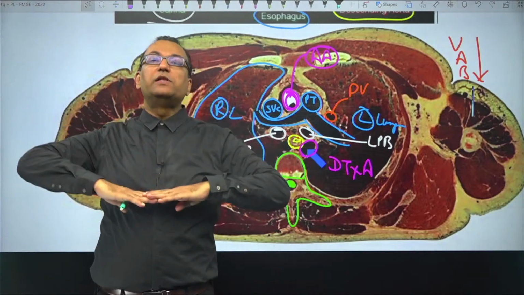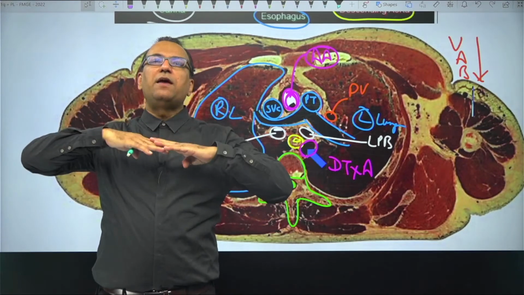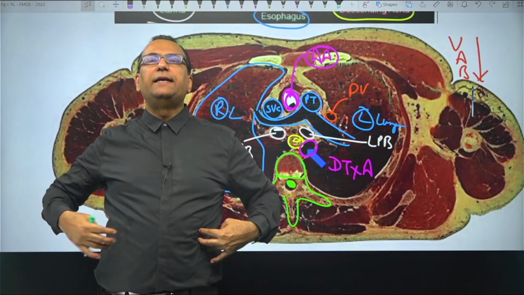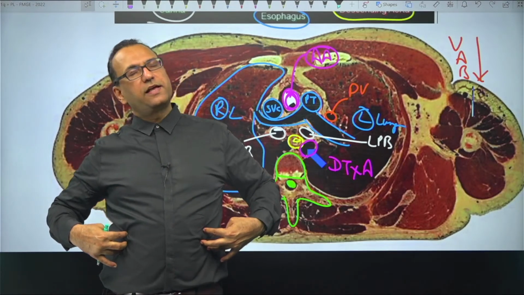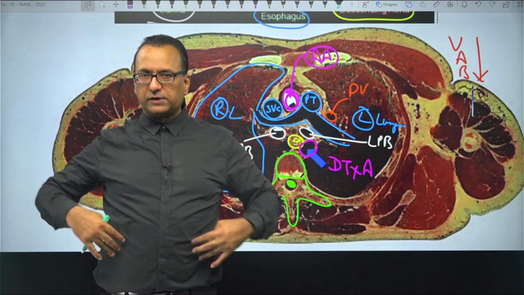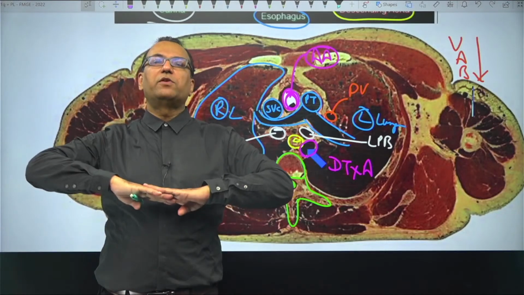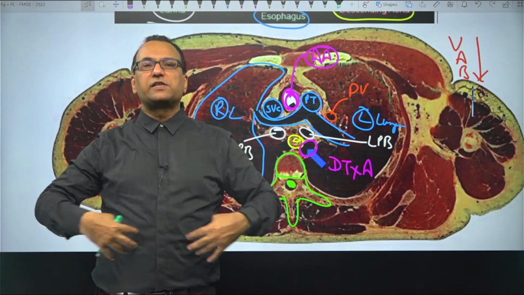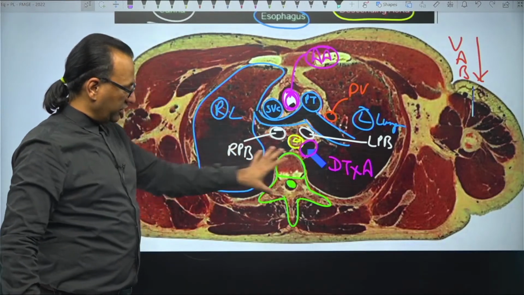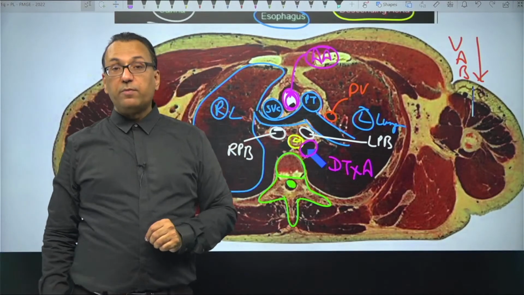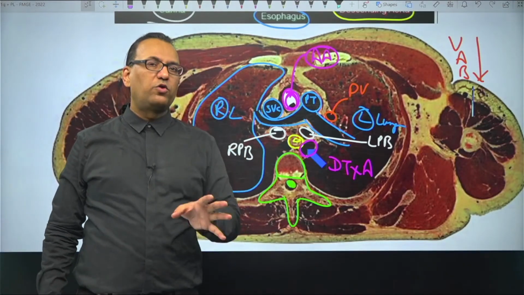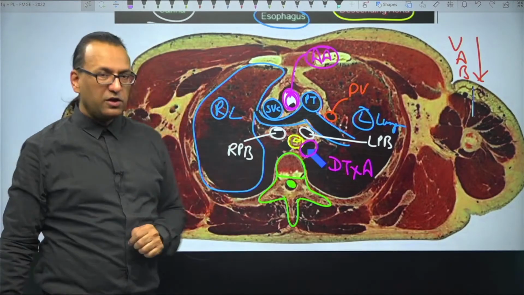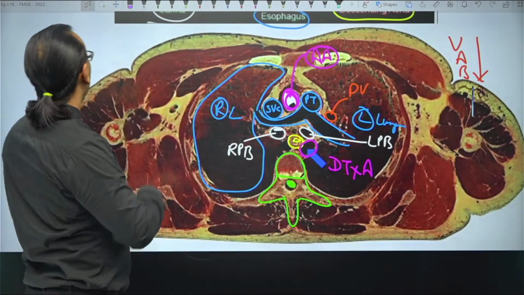Above the diaphragm you will see the lungs, so thoracic. If you are below the diaphragm, it will be abdomen, and you might see liver and spleen. Like yesterday we have seen a transverse section below the diaphragm, in the abdomen, and there you will find the liver, spleen, pancreas and all that. And of course, a transverse section in the abdomen may also come as a question. It can. But at the moment we were focusing upon the thorax region.